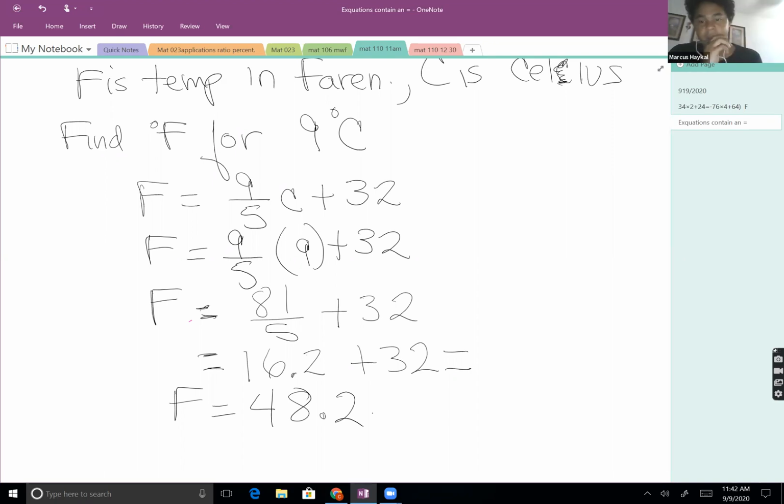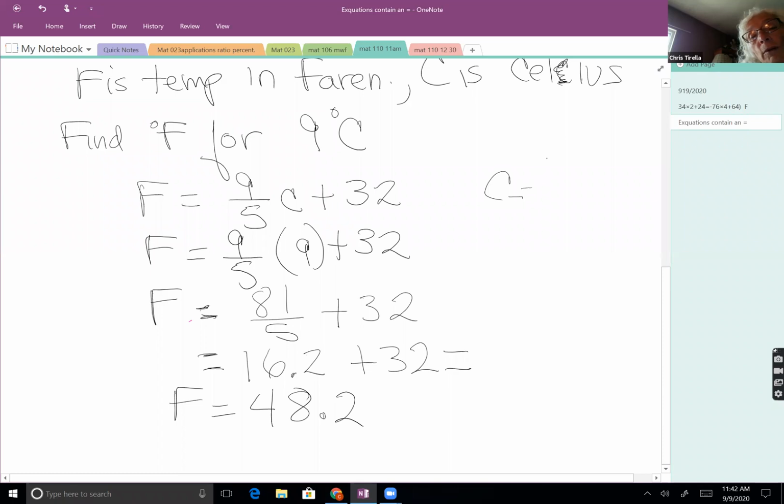Professor, on the homework, it showed it differently. Like it told us to add the substitute number with the number that was already there, and then do the. It might have been a different version of the formula. We're always going to follow our order of operations. On the homework, they might have had C equals 5/9 times F minus 32.